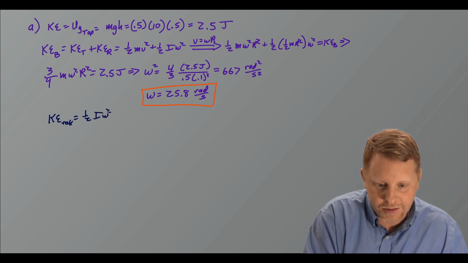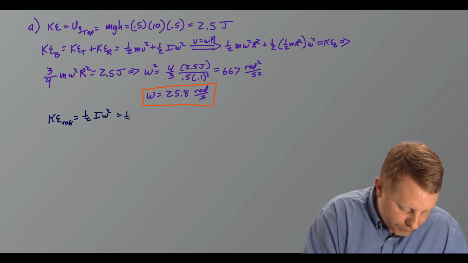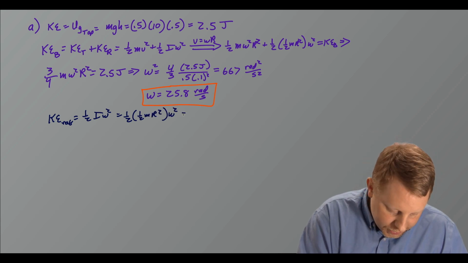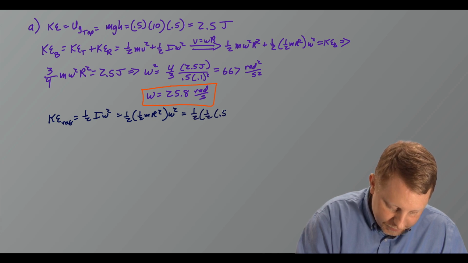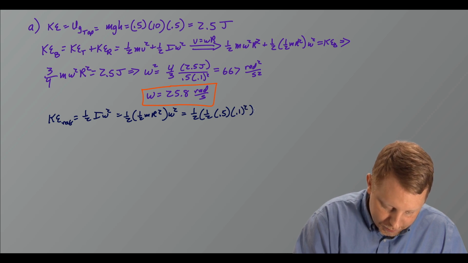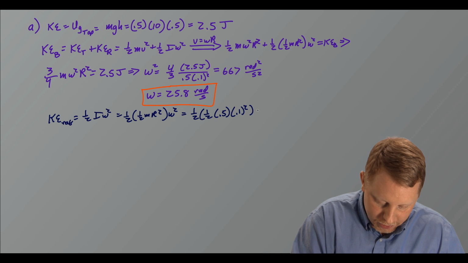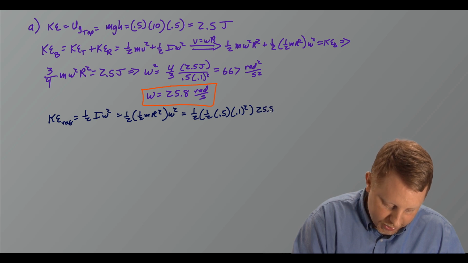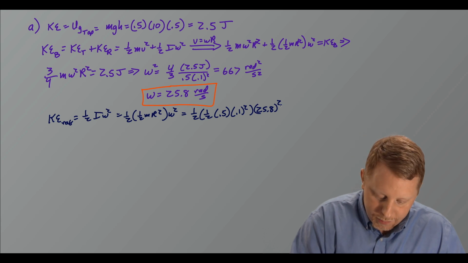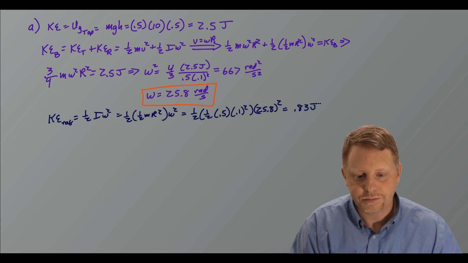We've had some practice with this, which is 1/2 times I, 1/2 mr squared, times omega squared, which is going to be 1/2 times 1/2 times 0.5 times 0.1 squared, all times our omega squared, which is going to be 25.8 radians per second. We just figured that out. Comes out to be about 0.83 joules.